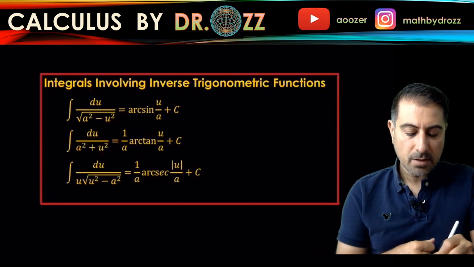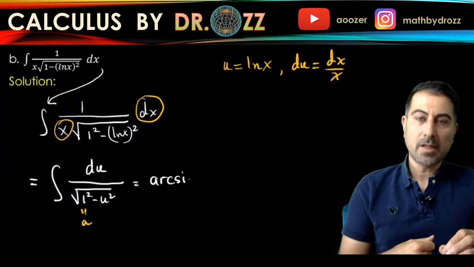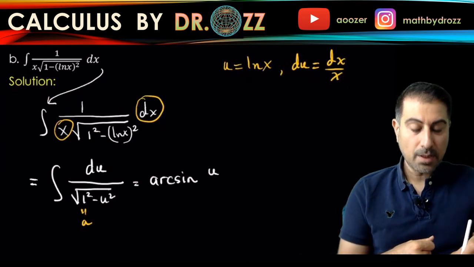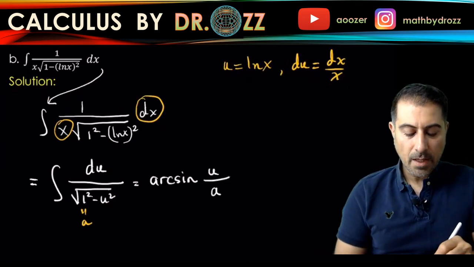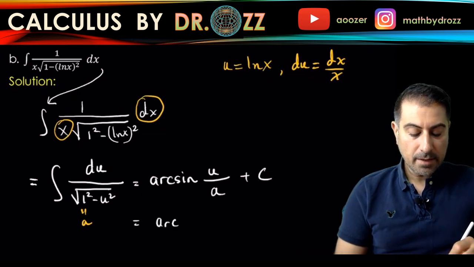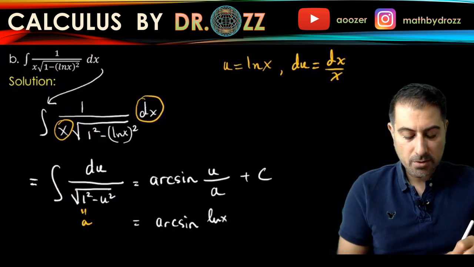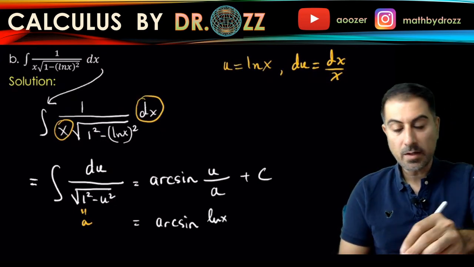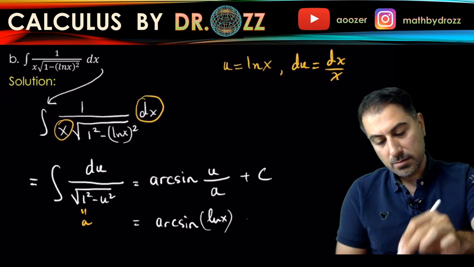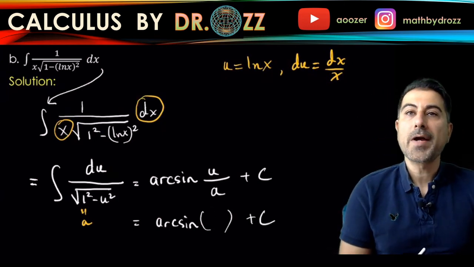So we can go ahead and write arc sine u over a plus c, and this is equal to arc sine ln x over 1, which is just ln x, plus c. So let me write this carefully: arc sine of ln x plus c.